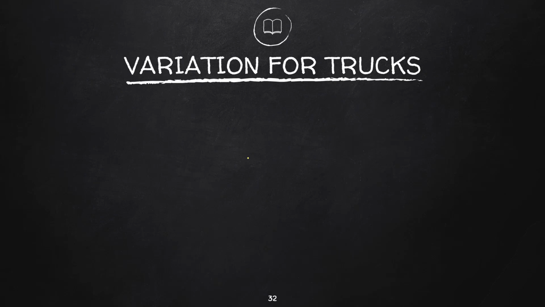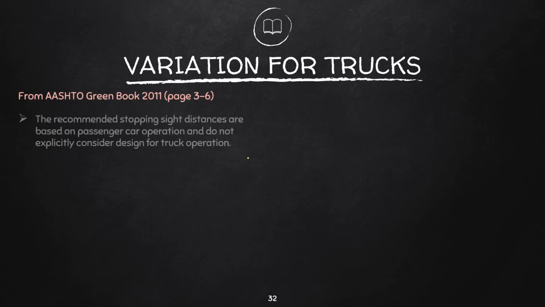Variation for trucks. A while ago we touched on this one. For trucks, we consider different conditions. From AASHTO again, the recommended stopping sight distances are based on passenger car operation and do not explicitly consider design for truck operation.